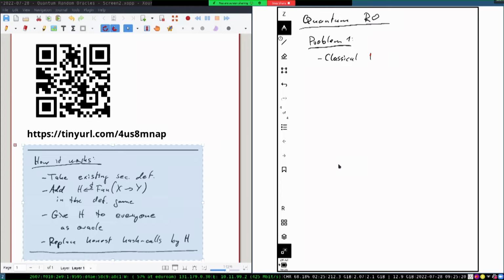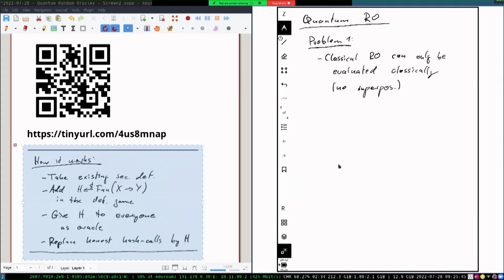The classical random oracle can only be evaluated classically. I mean, by definition, you send one value to it and it gives you one value back. No superposition.